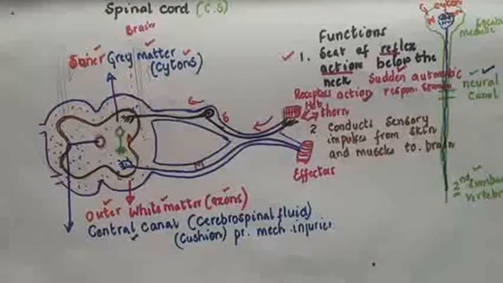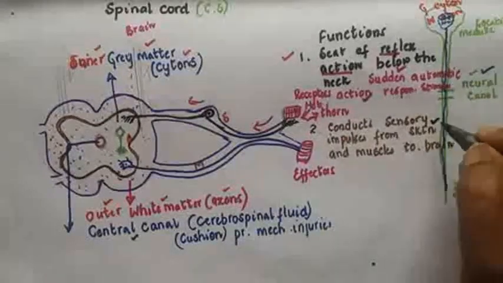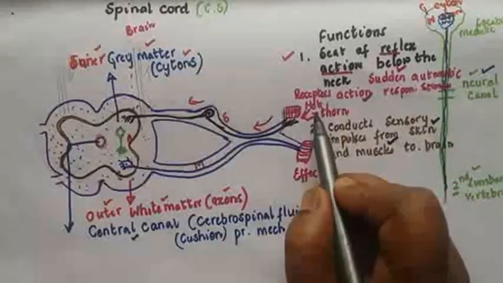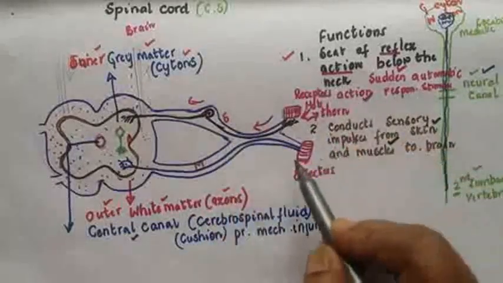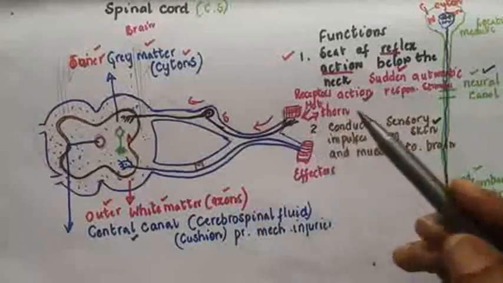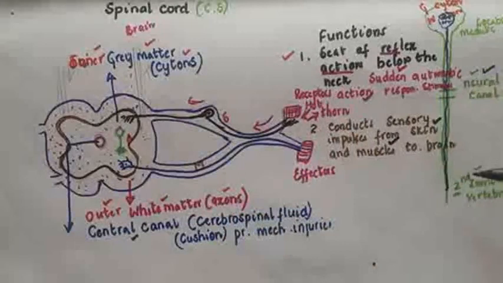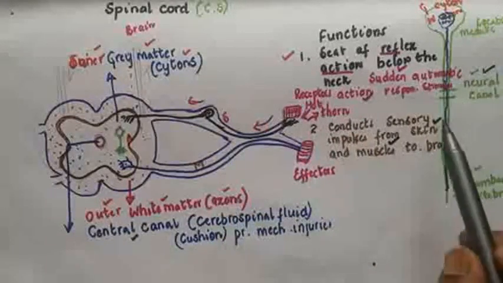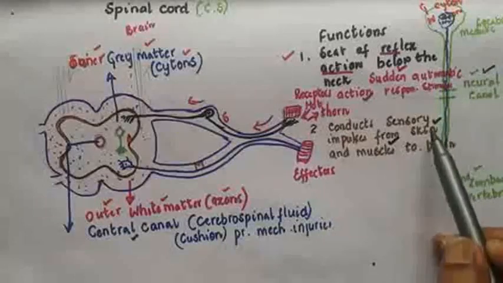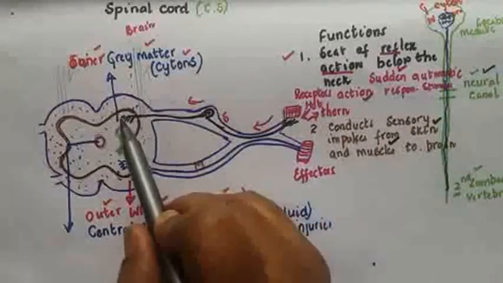Children, if you observe here, it conducts the impulses from the various muscles found in your neck region, in the chest region or in the abdominal region. So from muscles and also from skin to the brain.